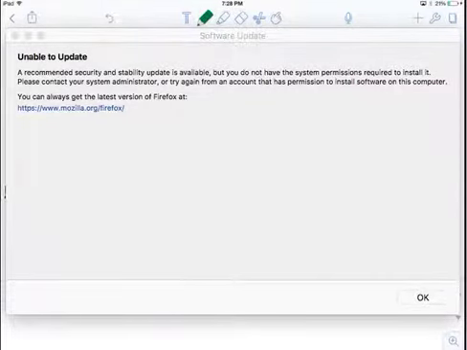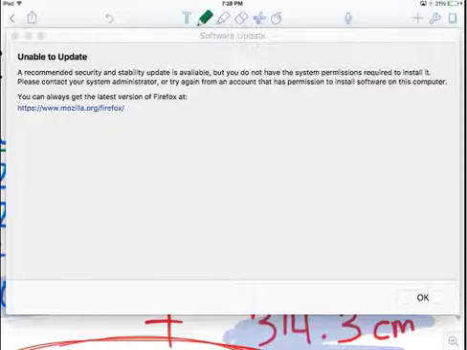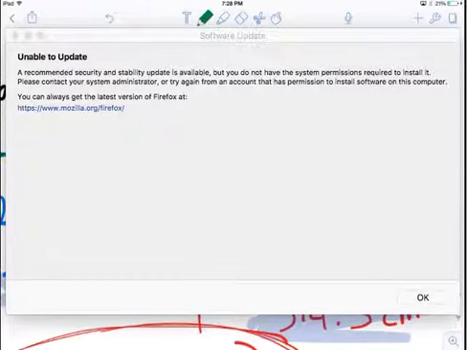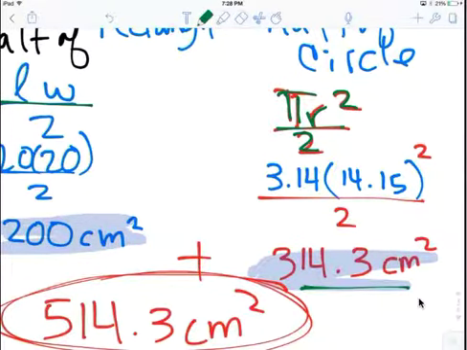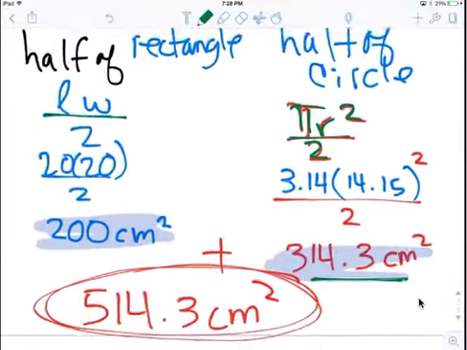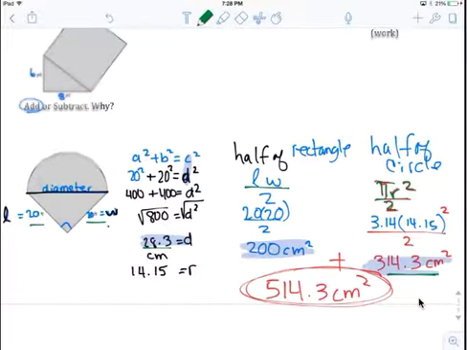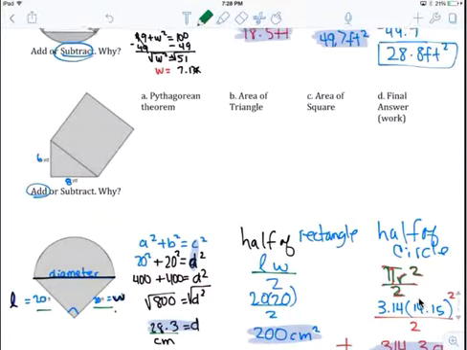Then you do the area of half of a circle, so it's pi r squared divided by 2. You put 3.14, that squared, divided by 2 in your calculator and round to the nearest tenth. Then you add it together because these two are attached, correct? Just like this problem here.